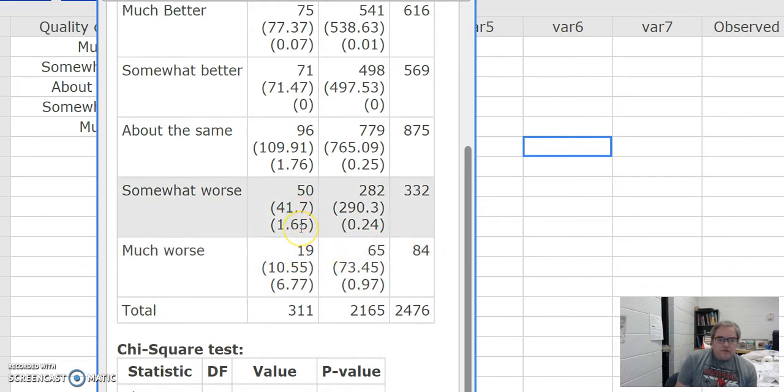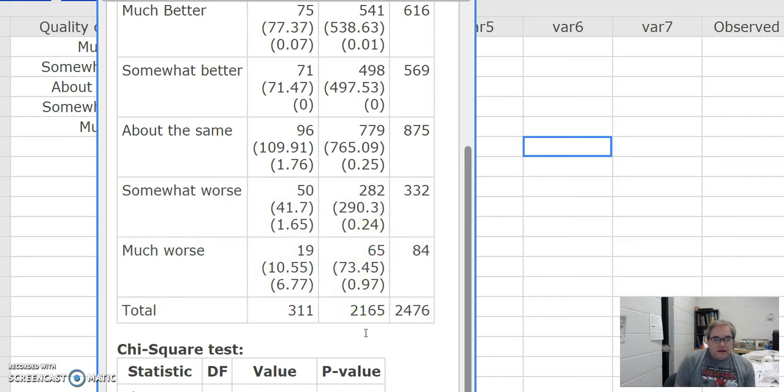If I go up, 1.65 is still large compared to a lot of these. 1.76, and again, looking at the numbers, about the same: they're expecting 109, 96 said about the same. Somewhat worse, much worse: the numbers reported are higher than what's expected for the Canadian side and lower for the American side.